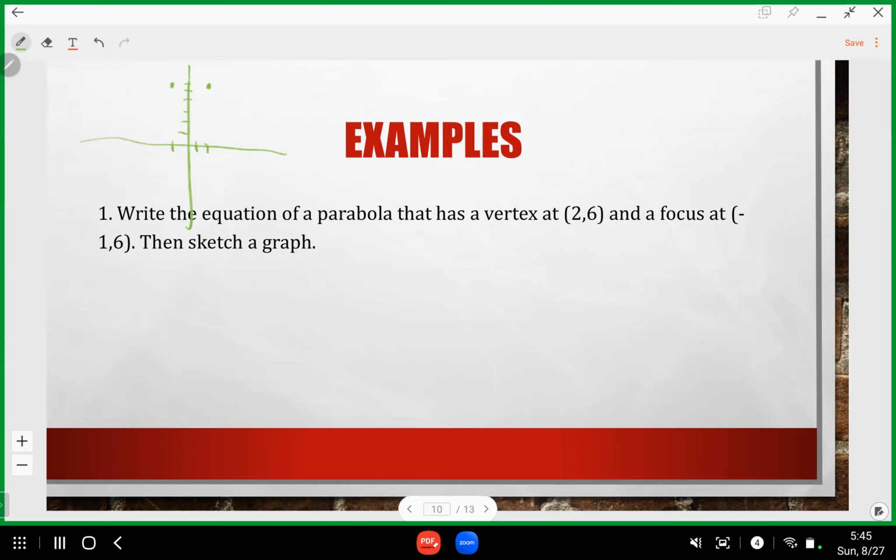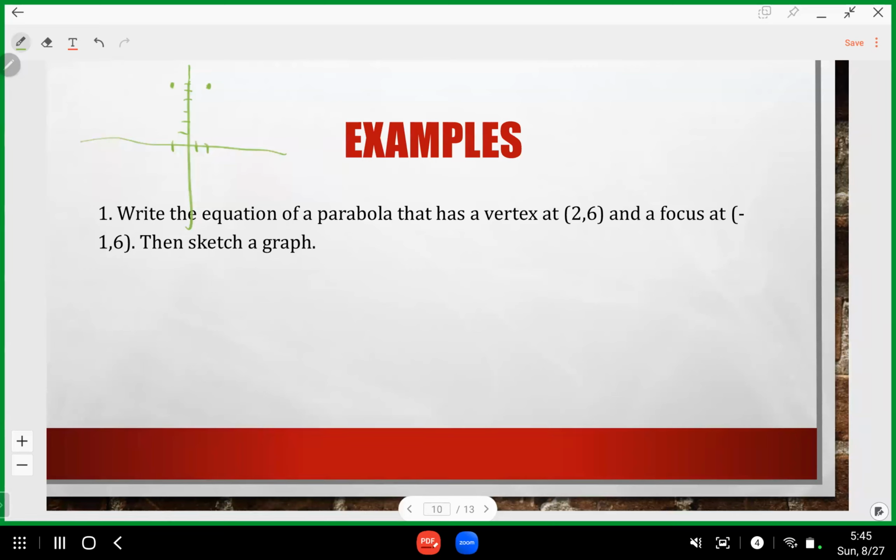If the focus is at the left of the vertex, does the parabola open left or right? It opens left, because the focus is at the left of the vertex.